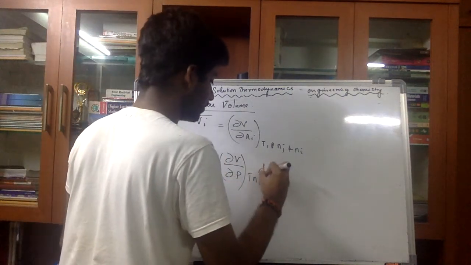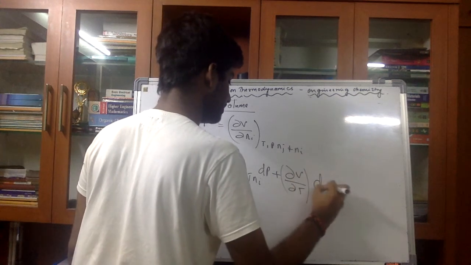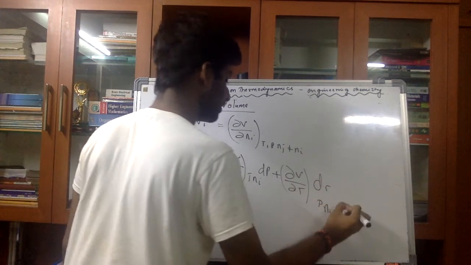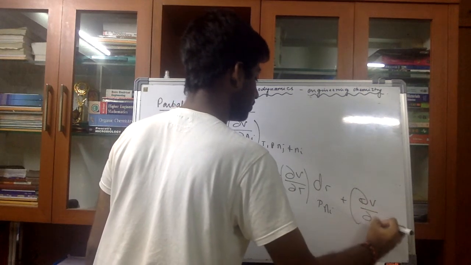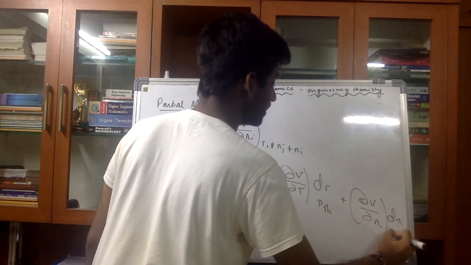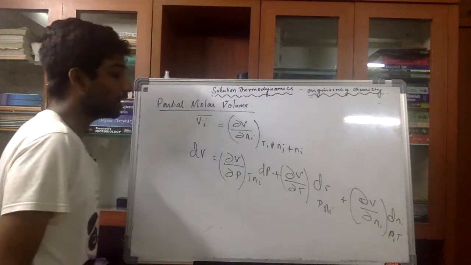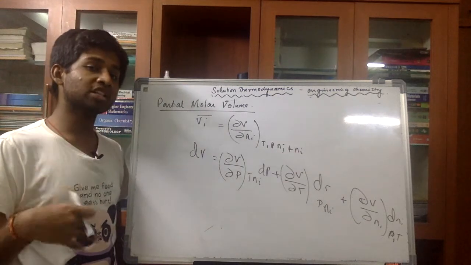So dV equals ∂V by ∂P, dP, at constant temperature and Ni, plus ∂V by ∂T, dT, at constant pressure and Ni, plus ∂V by ∂Ni, dNi, with P and T as constants.